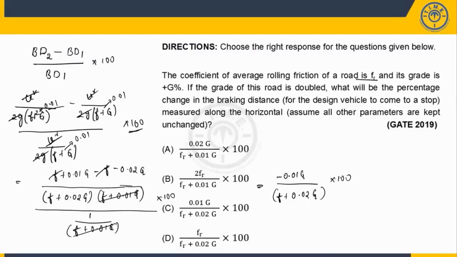This is the change. Change can be either positive or negative. So what is the matching answer then? C. That means instead of BD2 minus BD1, we should have taken BD1 minus BD2, which will give us option C. Clear? Yes, sir. Just give me a minute here. I need to restart my presentation.